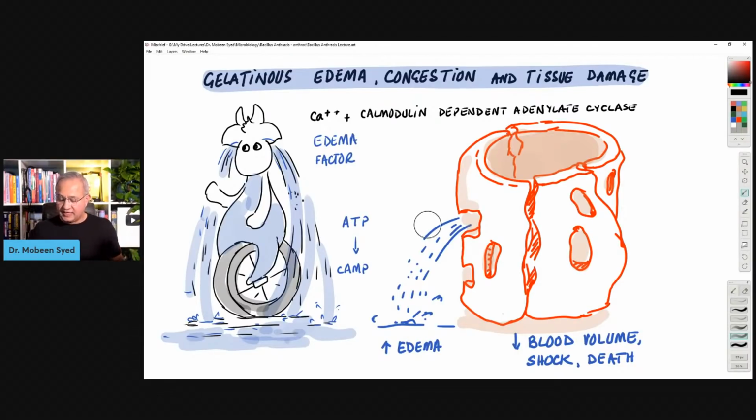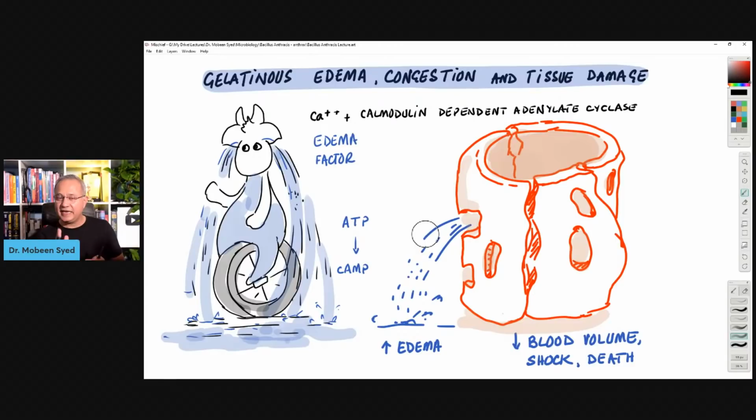So Bacillus anthracis has multiple virulence factors, as I discussed before. Now, first of all, let's look at the edema factor. This is my depiction of an edema factor. From here, you should remember it. Edema factor is an adenylate cyclase enzyme. What does that mean? It takes ATP. Let's say this enzyme goes into a cell. Inside the cell, what is the energy system? ATP.